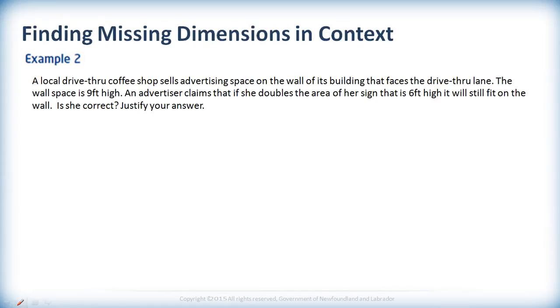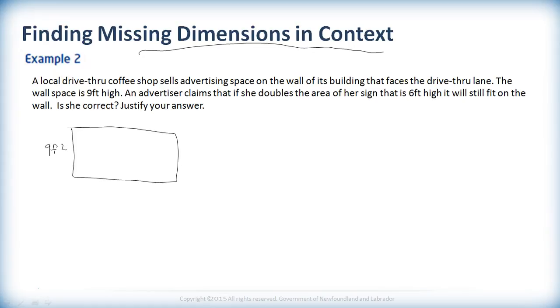A local drive-through coffee shop: we're finding missing dimensions in context. Okay, so I don't know, missing dimensions, close encounters of the third kind or something here. A local drive-through coffee shop sells advertising space on the wall of its building that faces the drive-through. The wall space is 9 feet high, so I'm going to assume it's a rectangular wall.